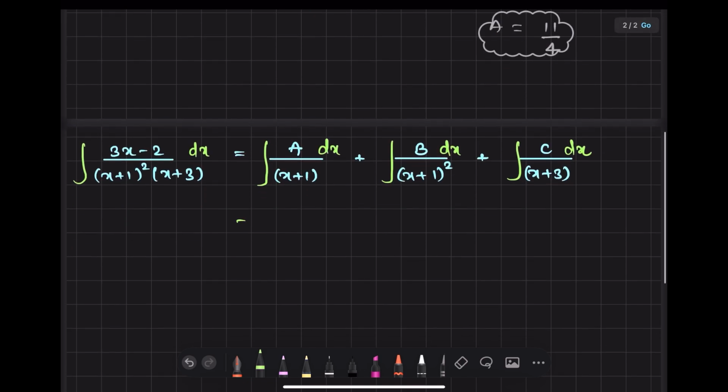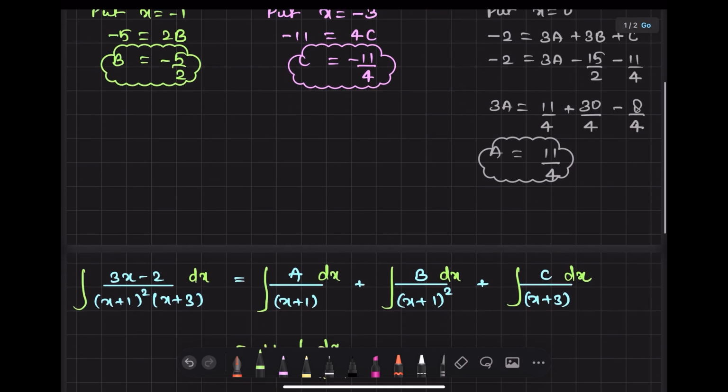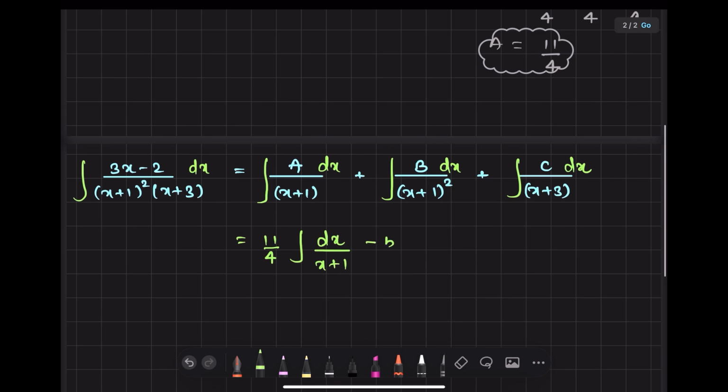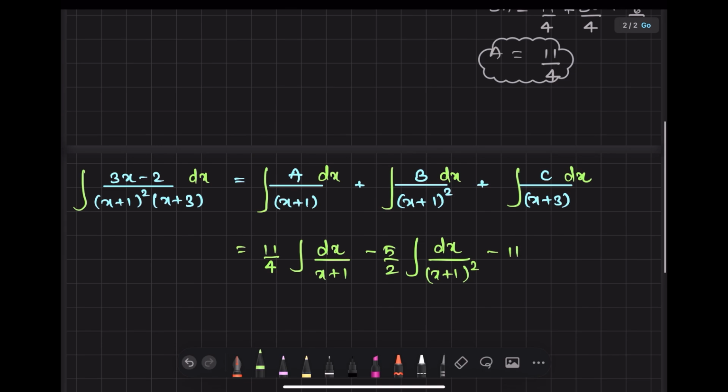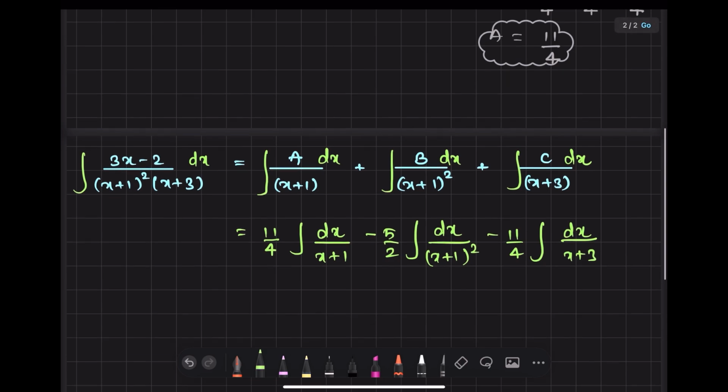Now let's update. Who is a? 11 by 4. 11 by 4 is a constant, you can take that outside. Dx by x plus 1. Who is b? B is minus 5 by 2. So minus 5 by 2 taken outside. Integration of dx by x plus 1 whole square. Who is c? C is minus of 11 by 4. Integration dx by x plus 3.